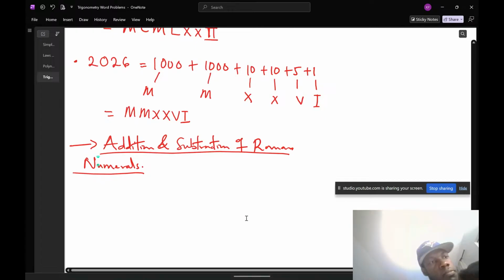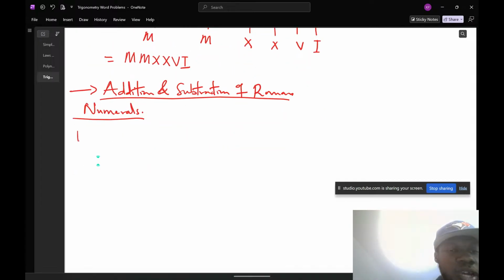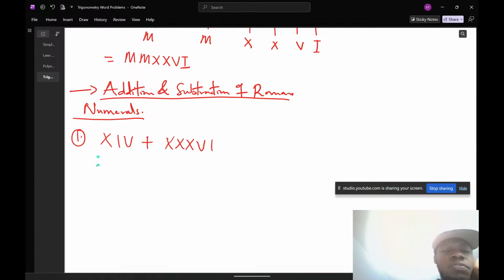For example, let's say we have XIV plus XXXVI. Let's first convert XIV to a natural number. X stands for 10, I stands for 1, V stands for 5. So 5 minus 1 is 4. So XIV is 14, right? Now we have XXXVI.